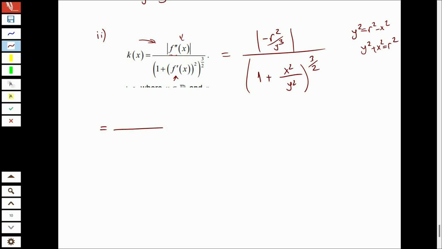How are we gonna use this? Because at the denominator you can write y square plus x square divided by y square.